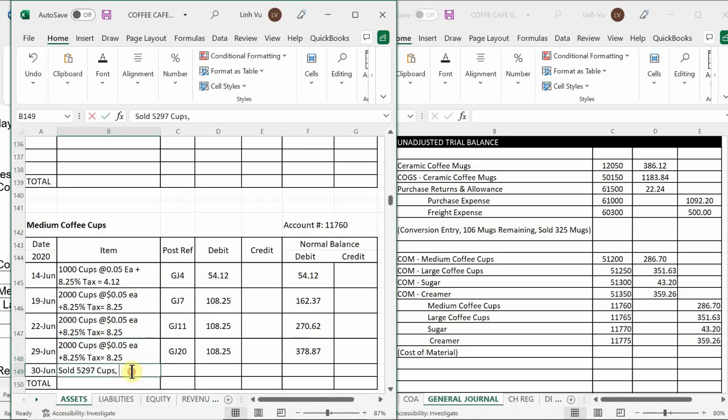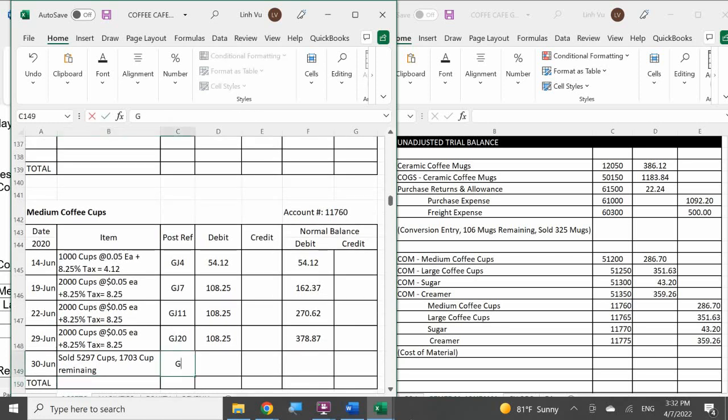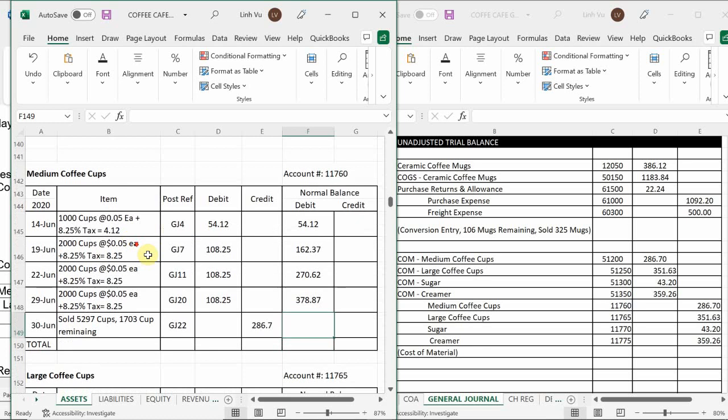Yes, 1,703 cups remaining. Okay. So that should decrease your account by $286.70. So how much should be left in your medium coffee cups account? $92.17. So this is where you're making an adjustment.